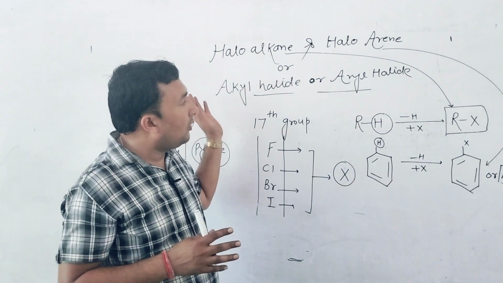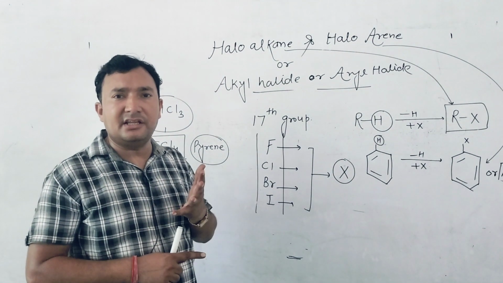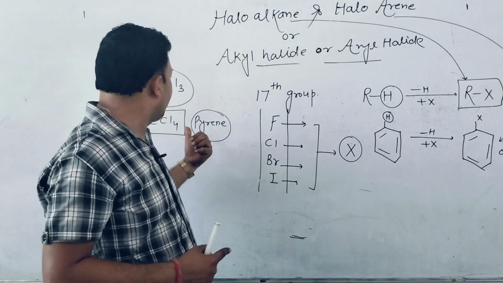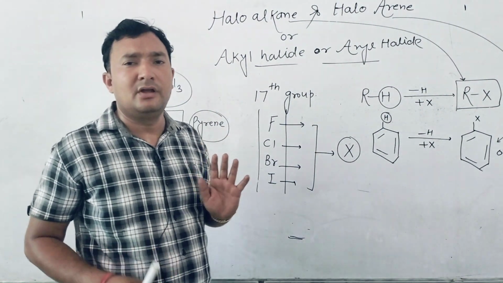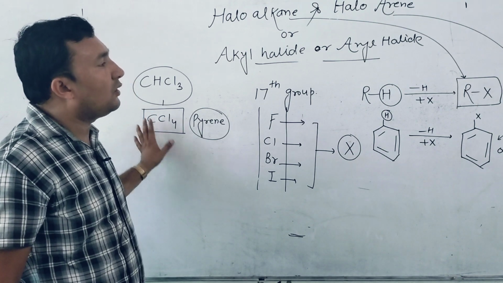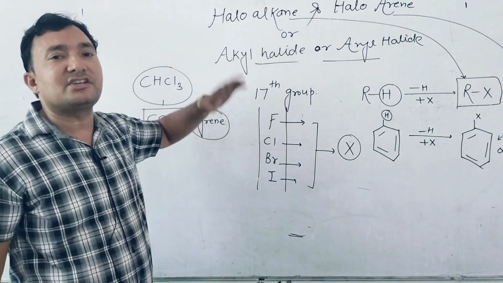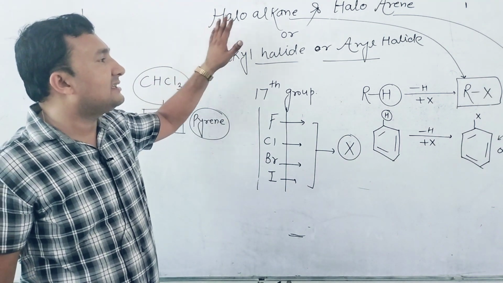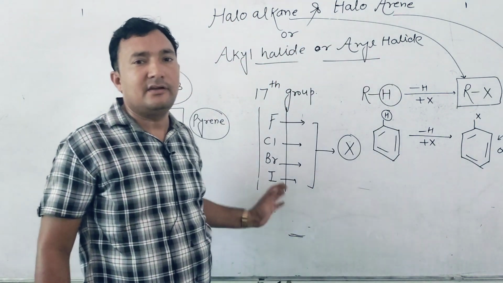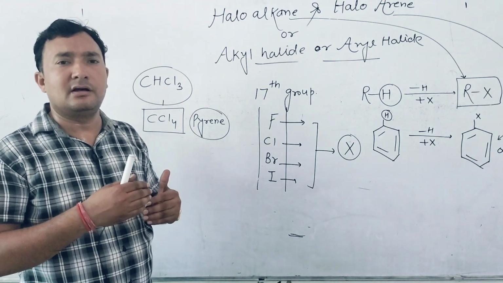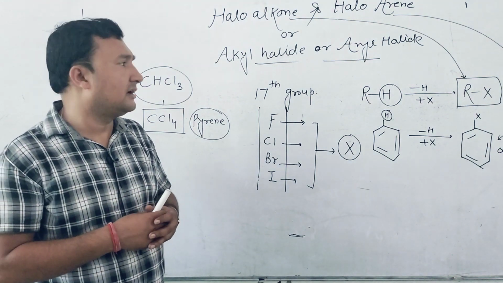So all these chemicals, whether it is DDT, BHC, Dettol, chlorofluorocarbon, chloroform, or carbon tetrachloride, are somehow produced from the same chapter. These are the applications of this chapter. Haloalkanes and haloarenes give you such kinds of chemicals. Some other medicines are also made from them. So we'll go along with the chapter regarding that.